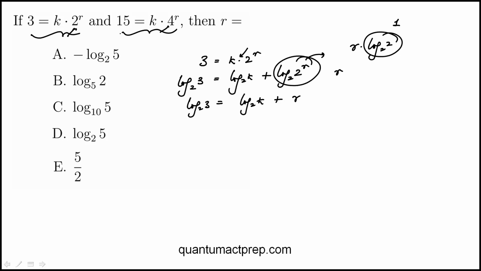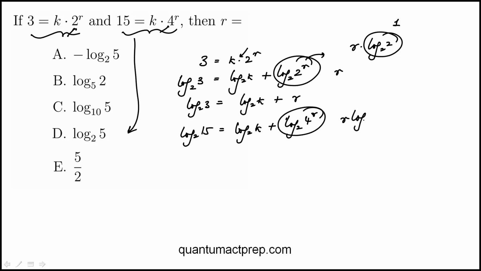And then next we're going to do the same thing with the second equation. So log 2 of 15, we'll get log 2 k plus log 2 of 4 to the r, and this will be r times log 2 of 4, and this is 2, because 2 to the power of 2 is 4.